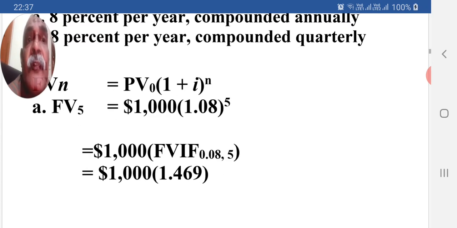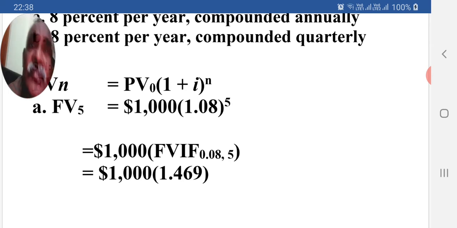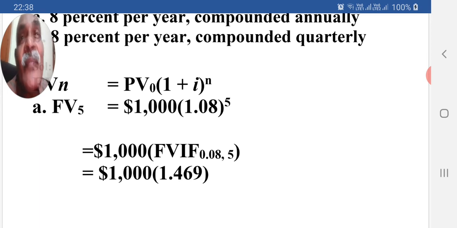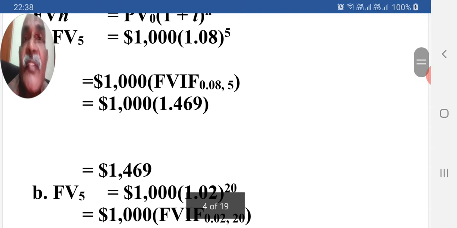Present value is 1000, I is 0.08, n is 5. If you see the factor table of future value interest factor, for 8% and 5 years the factor is 1.469. When you multiply the factor by 1000, the amount will be 1469.